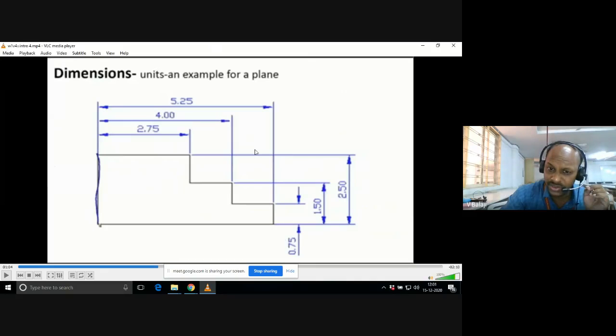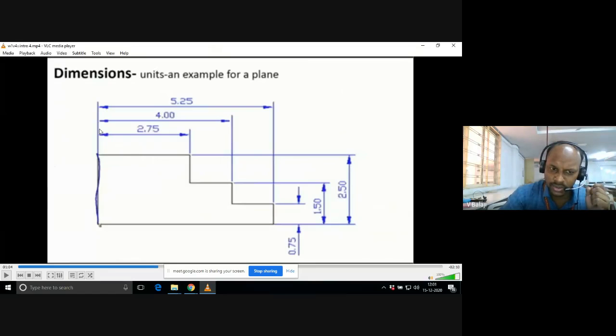Otherwise, what happens is, if you draw the extension lines and dimension lines all with HB pencil, you can't differentiate what is the given object. Very difficult. Even the small box here appears as a real object. To differentiate, use pencils properly.